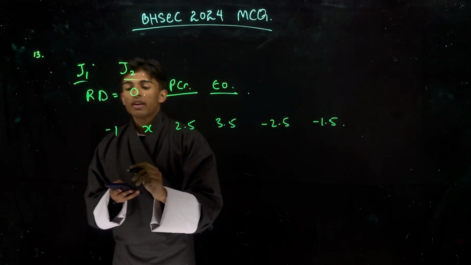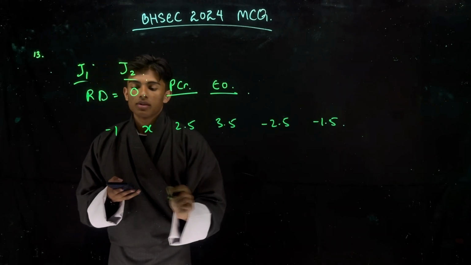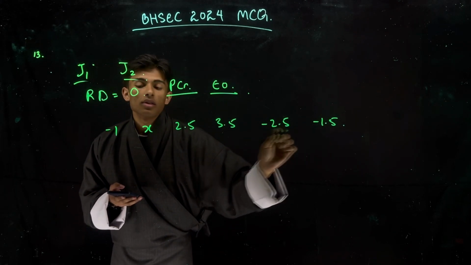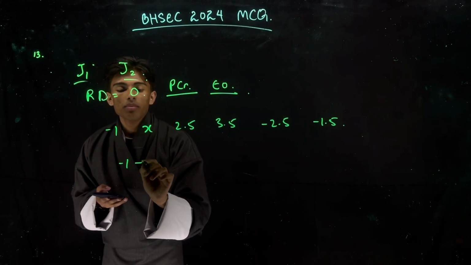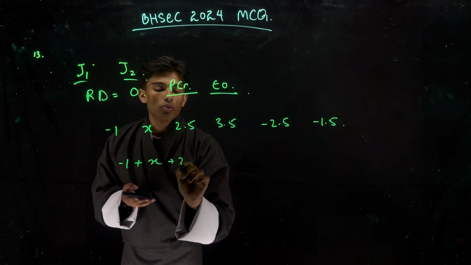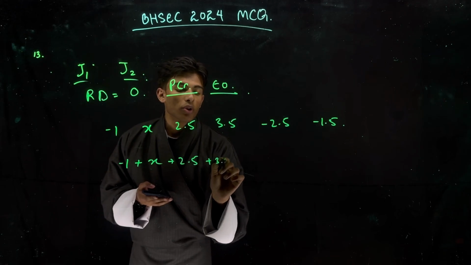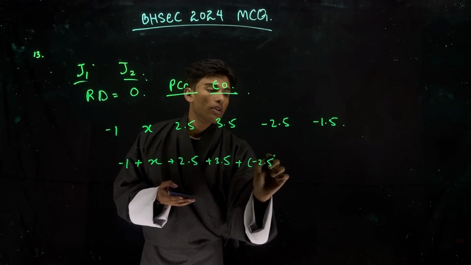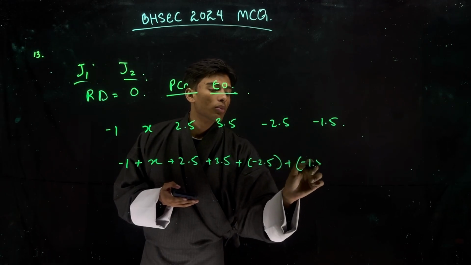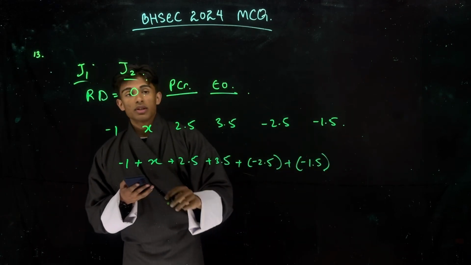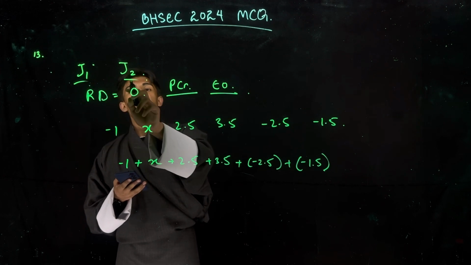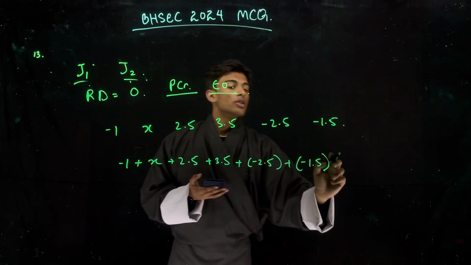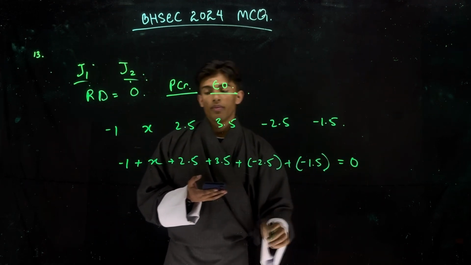Firstly, we'll find the sum of the rank differences. That is, -1 plus x plus 2.5 plus 3.5 plus -2.5 plus -1.5. And since we said so before, in a no bias situation, the sum of rank differences shall always be 0.